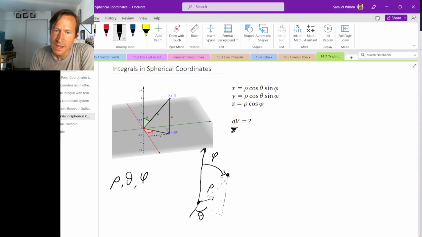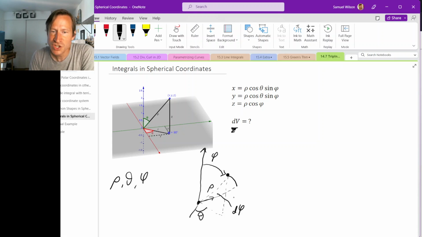And then we're going to change phi a little bit. Changing phi a little bit is going to swing this point down a little further. So this angle right here is d phi, because that's the small amount that we changed phi.